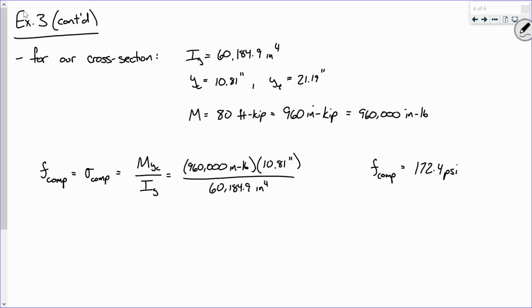Now that's compressive stress. The tensile stress, or sigma tense, is the same thing, only we're using that different extreme fiber distance. While I write this out, you all could probably already have it calculated.